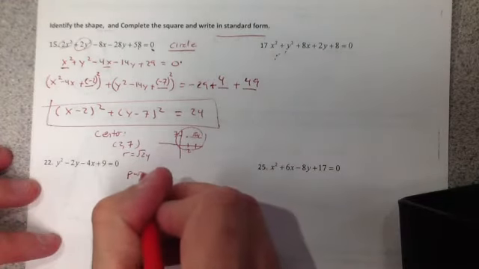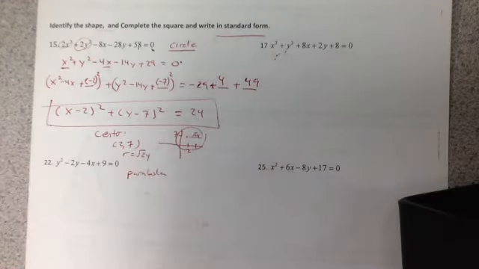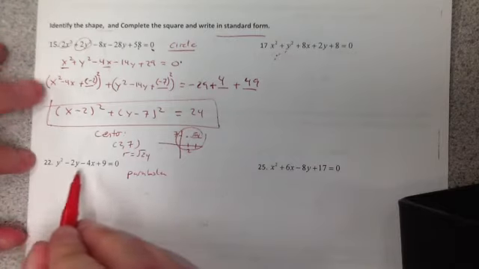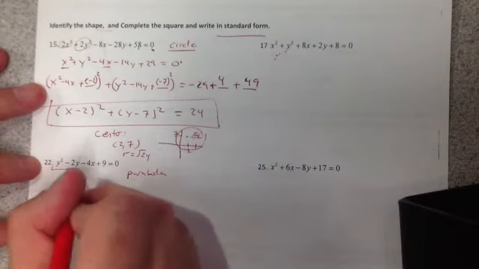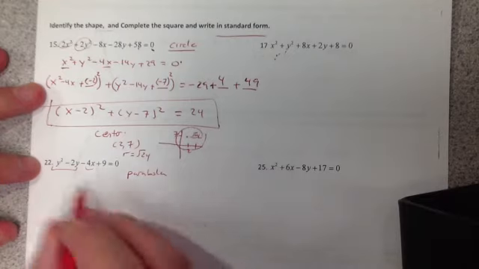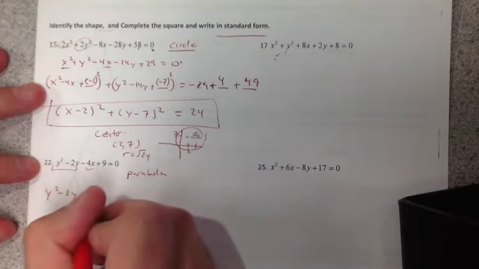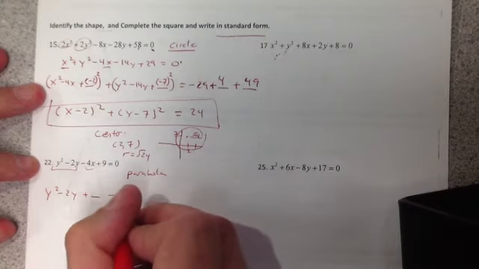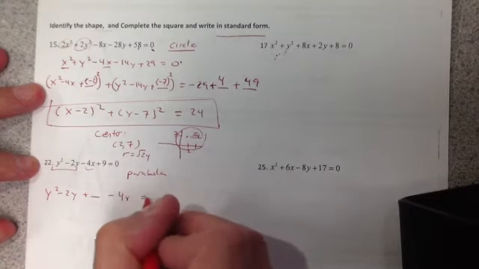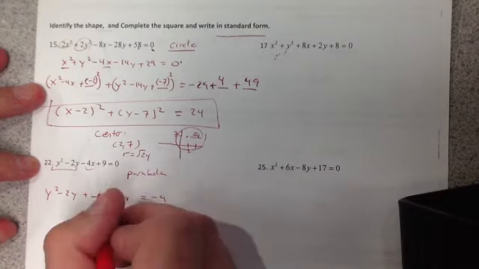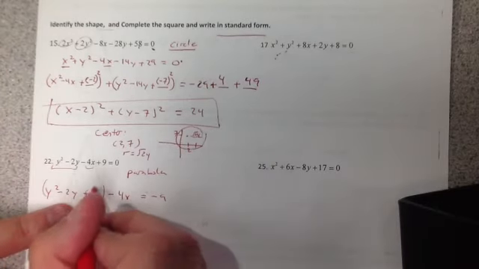Okay, 22. Now 22 is a parabola. When writing the equation of a parabola, the idea is the same. Keep your y's together and your x's together. So when I do my y's, I get y squared minus 2y plus a blank, minus 4x, and bring the 9 over here. It doesn't really matter. Half of negative 2 is negative 1.